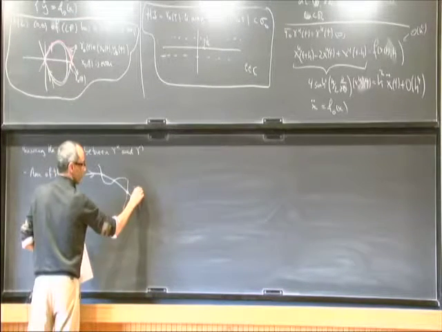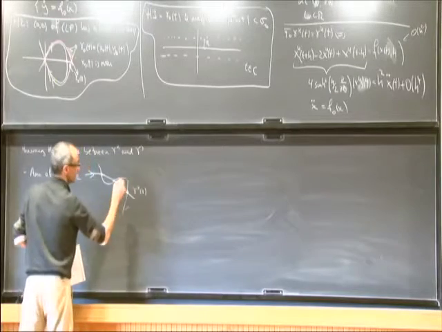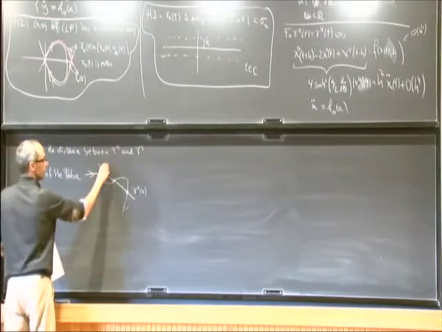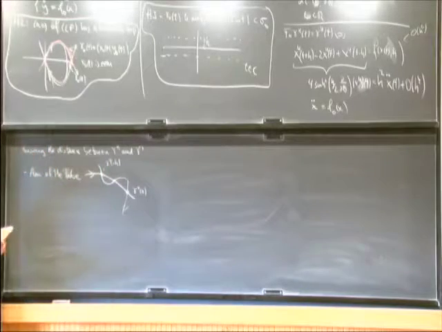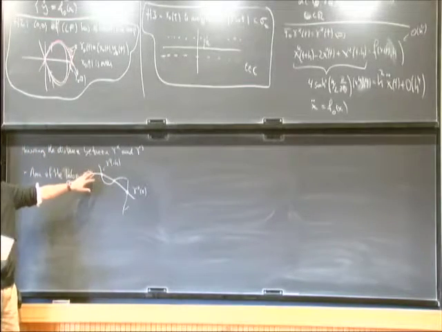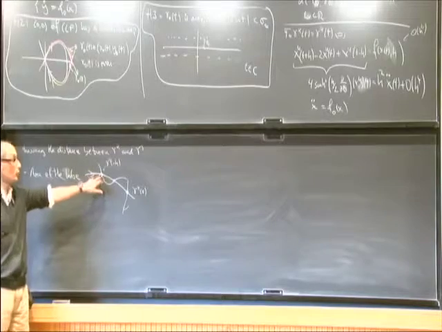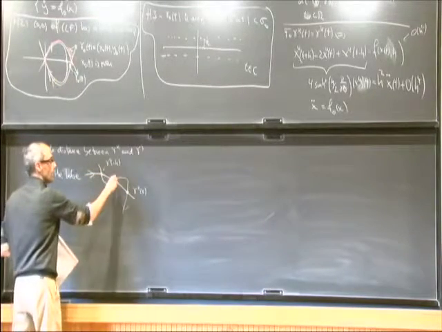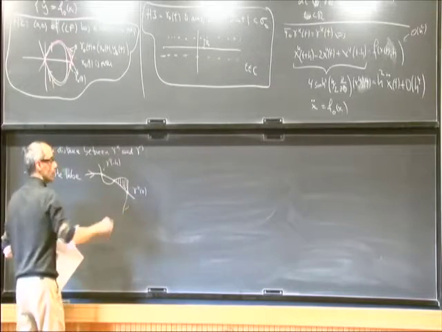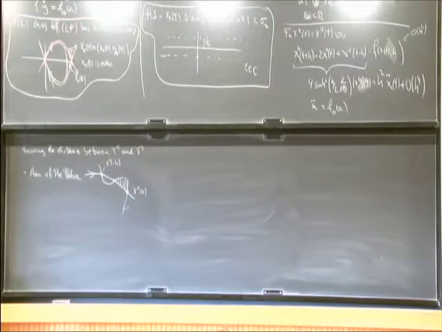This is going to be gamma u, for instance, 0. And this is going to be gamma u minus 8. It's area preserving, and so this point goes to here. There must be one in between. And we can try to compute this area.